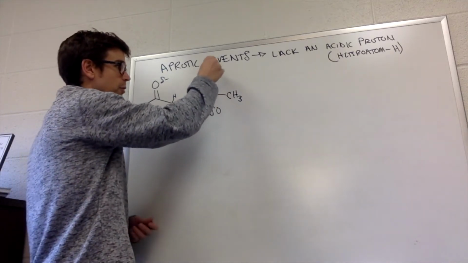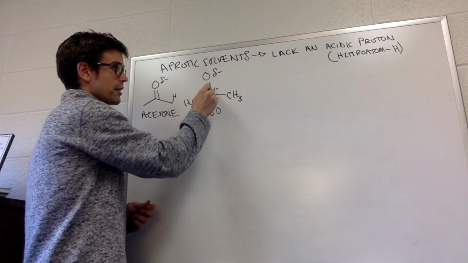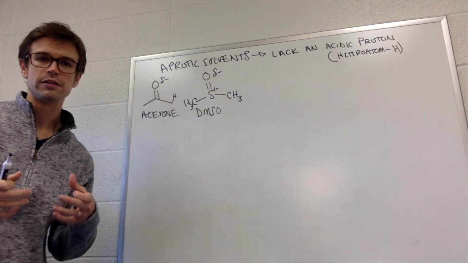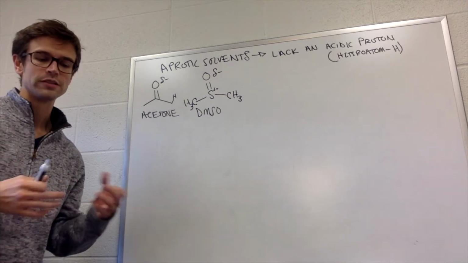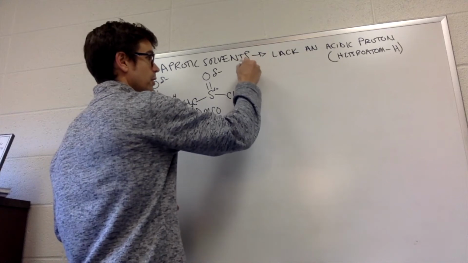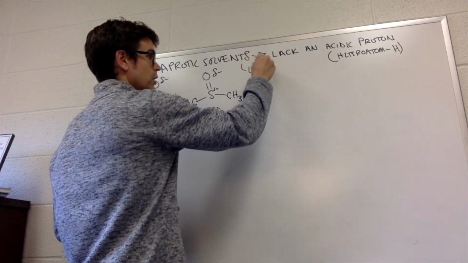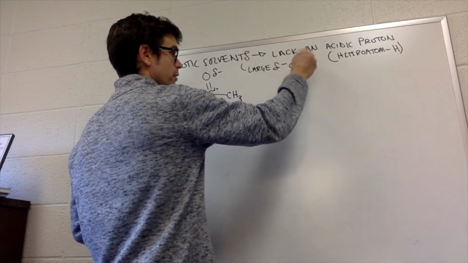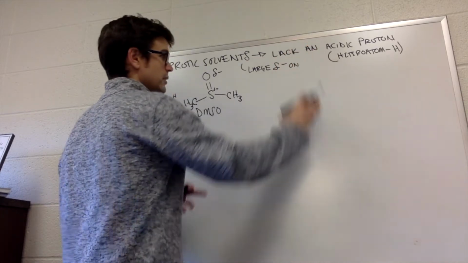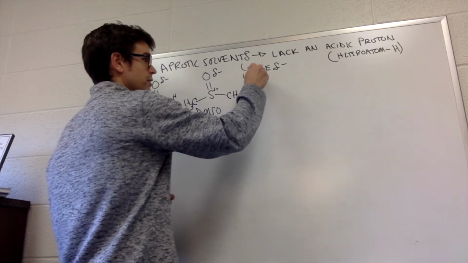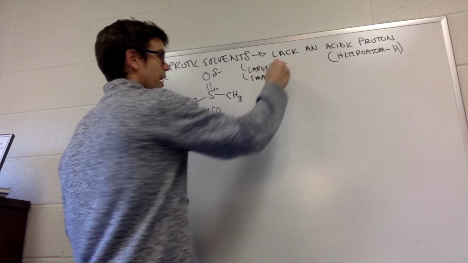So there's a large partial minus here, but the partial positive is going to be really small comparatively to the ones in the protic solvents. So aprotic solvents generally have a large partial minus, in this case just oxygen, and they have a small partial positive.